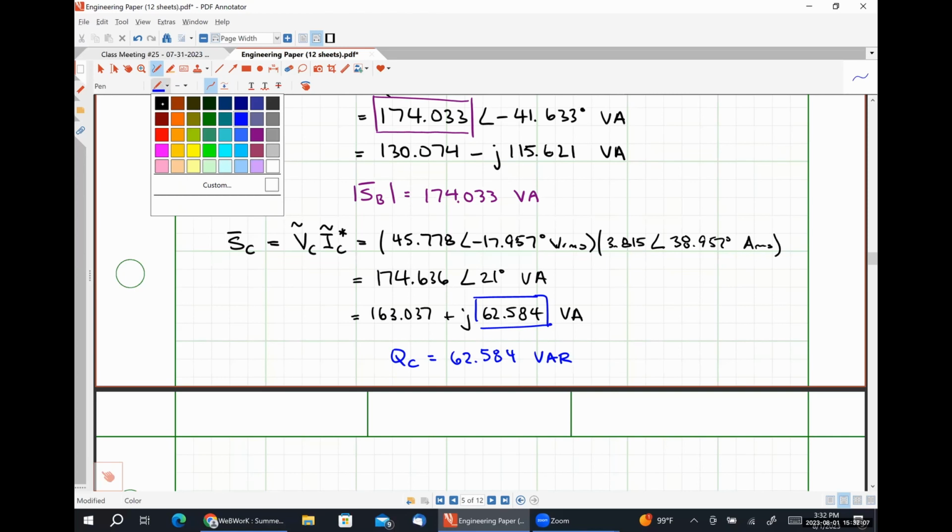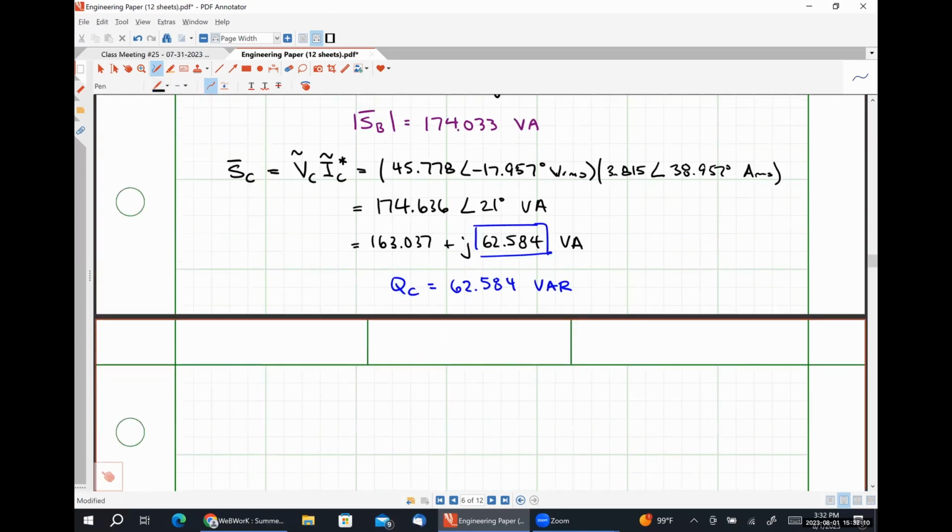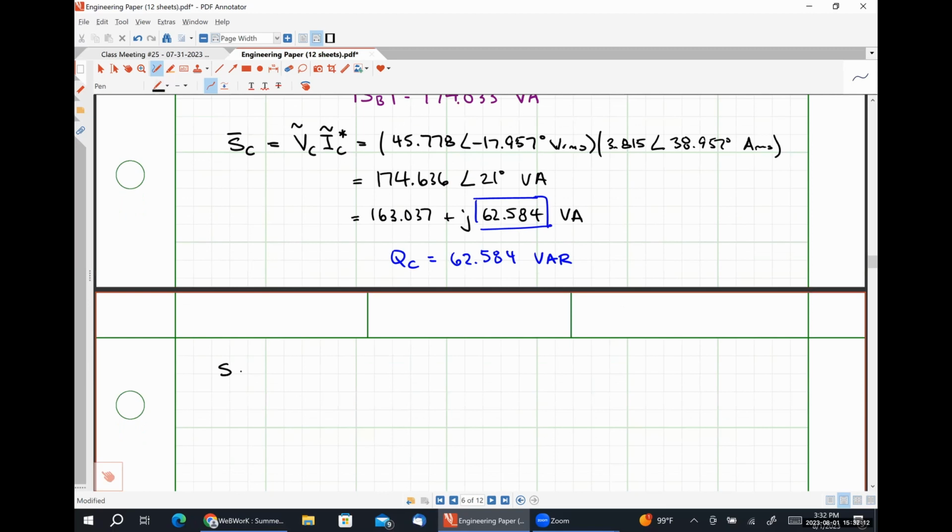Lastly, we needed to find the complex power absorbed, or it's going to be supplied by our voltage source. So that's going to be the voltage drop across our voltage source times the complex conjugate of IA. So that would be 120 over root 2, angle 0 degrees, volts RMS, times IA. Excuse me, IA conjugate.